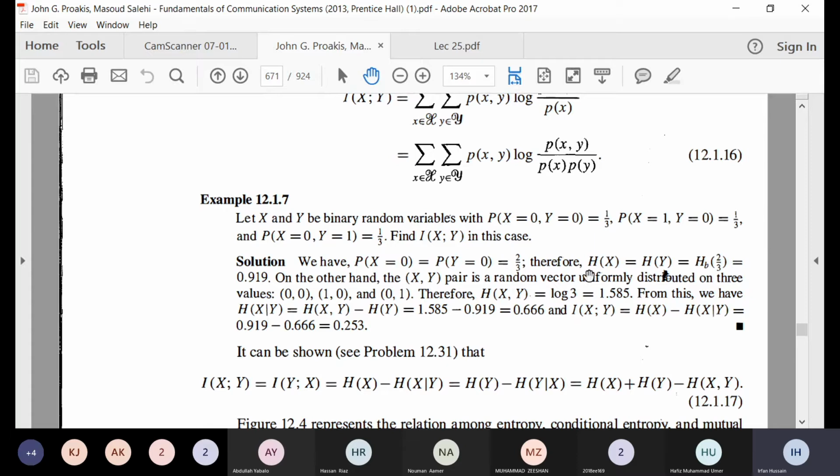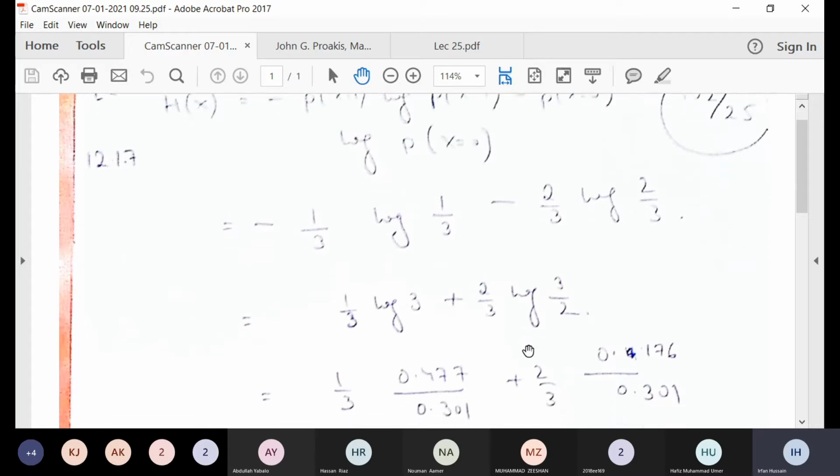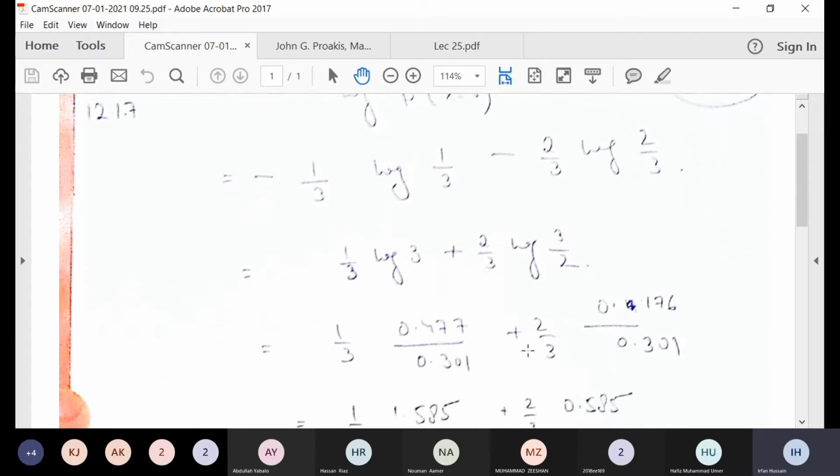Okay. And so what will be H(x)? H(x) will be p(x=0) log of p(x=0) plus p(x=1) log of p(x=1). Right. So I have written here p(x=1), p(x=0), and you can put the values. Here I have done this deliberately, all the steps. So what I do, log of 3, and this was actually log of 2, 3 was minus, we'll make it inverse, 3 over 2.